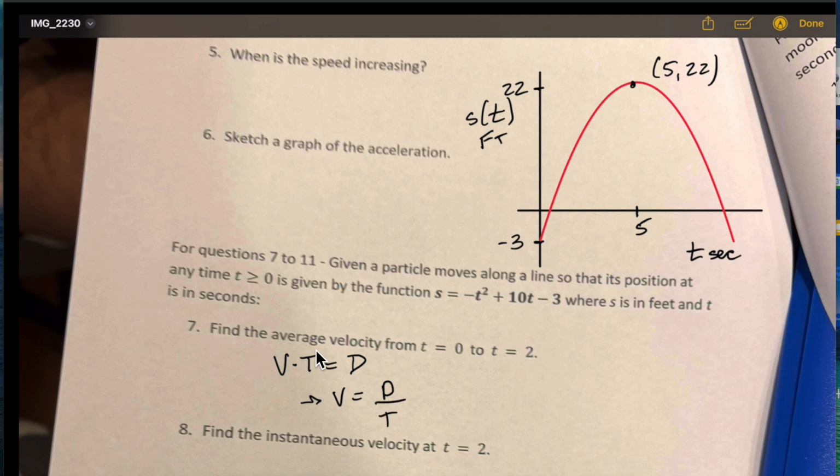Now, if they want the average velocity between these two times, what we need to do is figure out what distance has transpired between t equals 0 and t equals 2. So, the change in position: we're at negative 3 here. When we're at t equals 2, we're going to plug in 2 here to get our y-coordinate, and that will be the total distance that transpires over those 2 seconds.